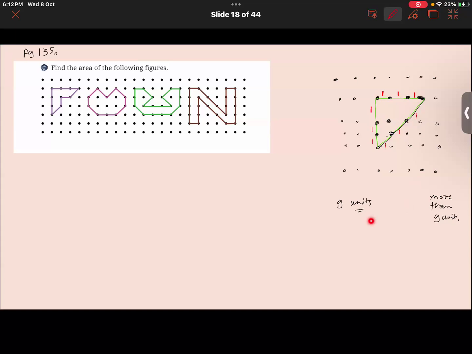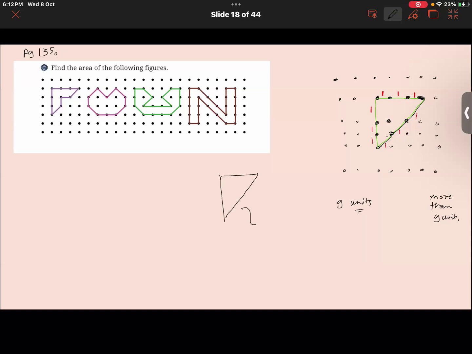Tell me, is it the one who is saying 9 units or the one who is saying more than 9 units? The one who is saying 9 units. Okay. But this is a triangle, and in a triangle the diagonal lines are longer than the straight lines.